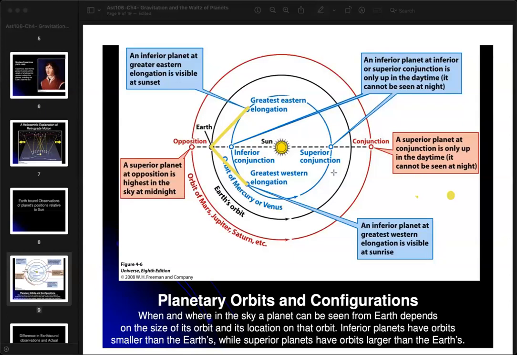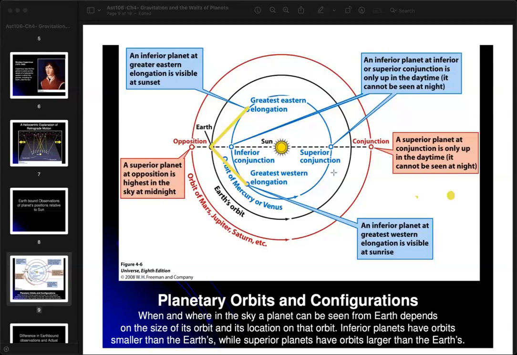So when it is at greatest eastern elongation or western elongation, in one of those situations, you can see it before sunrise, and in the other situation, you can see it after sunset. So the further away it is from the sun, the longer you will be able to see it in the evening.